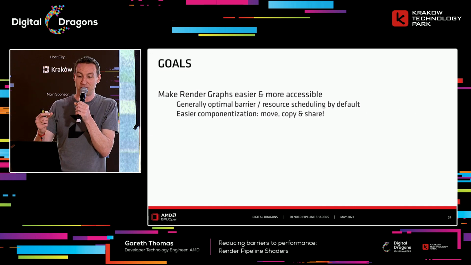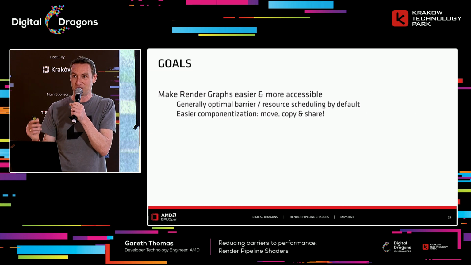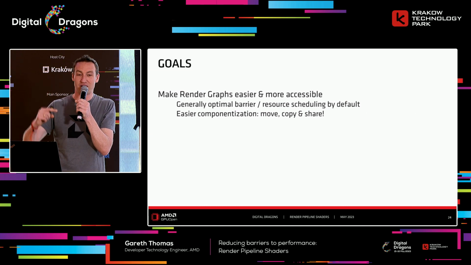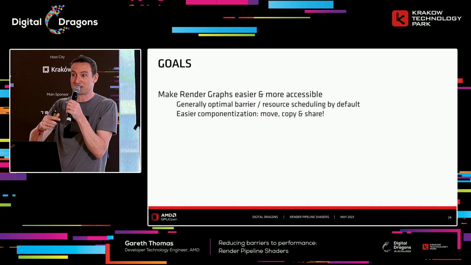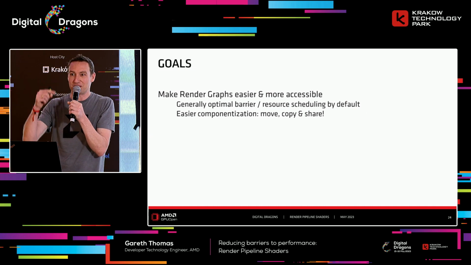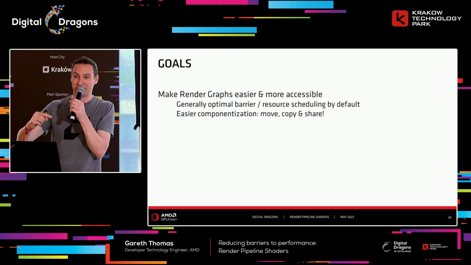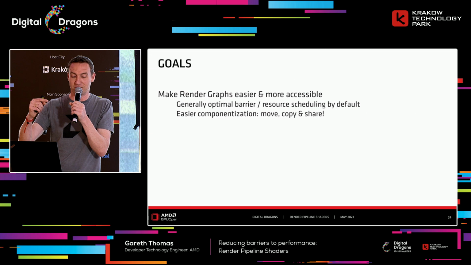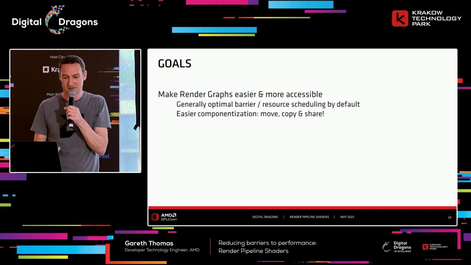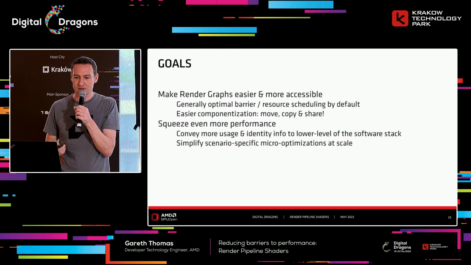And once everything's broken up into these nodes, it should be easier to move them around and share the code around as you see fit. It goes back to this original metric of how good your game architecture is. RPS will give you that one-line change to move one pass before another. It becomes trivial, so that's kind of exciting.